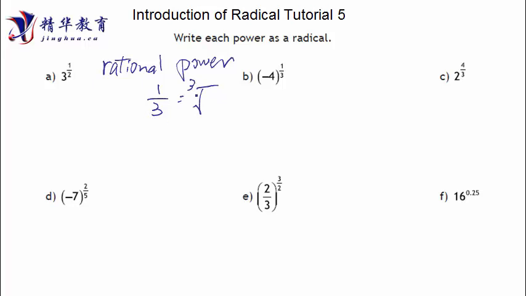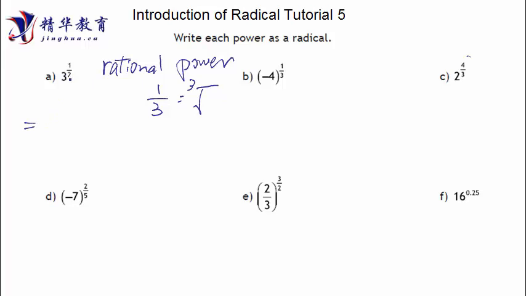Then 4 over 3: the 4 is applied as the power, and the 3 in the denominator is the cube root. I talked about these in the exponent tutorials, so I'm not going to do that again. Just go back and check that part out, and maybe you can learn it as I do this part.